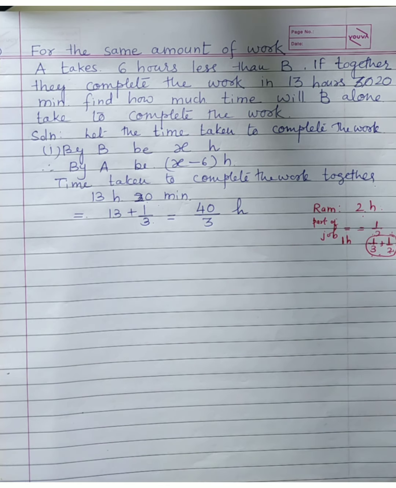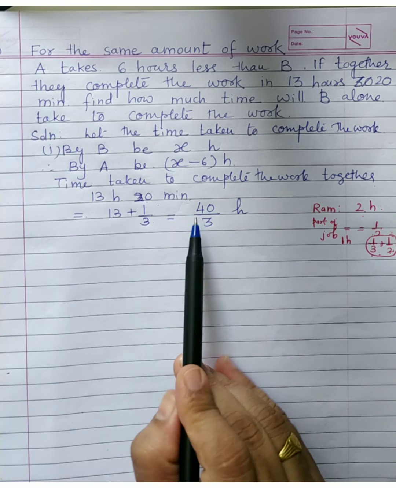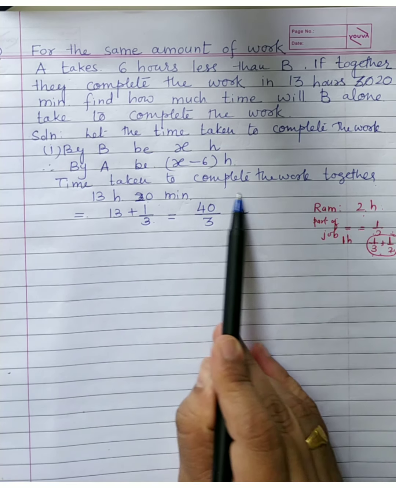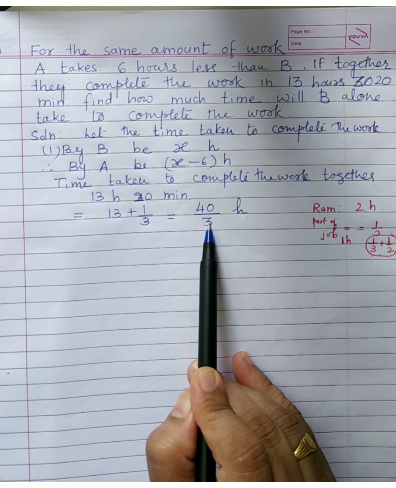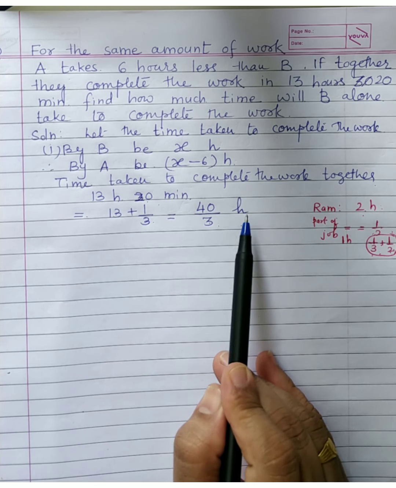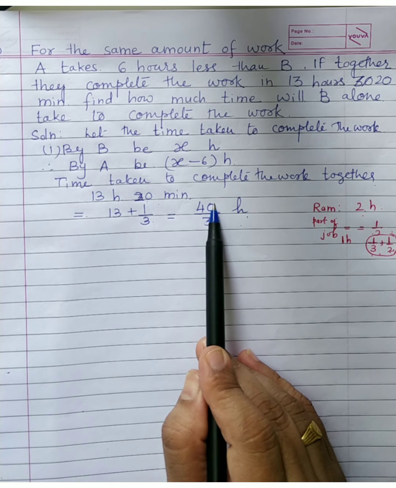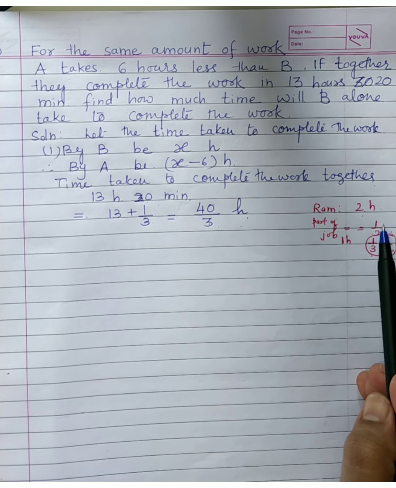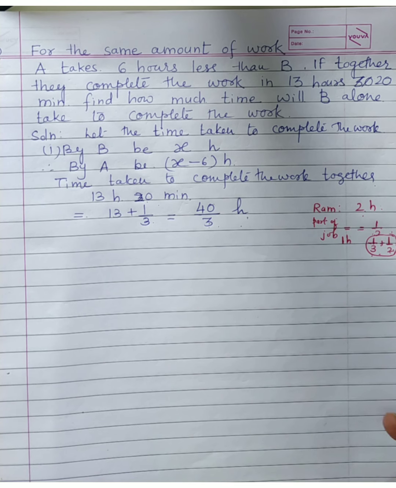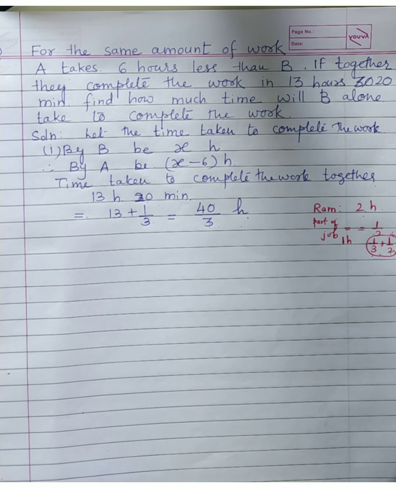So coming back here, this is the total time taken to complete the job. So how much part of the work will be completed in 1 hour? Answer will be what? 3 upon 40. 2 hours, 1 upon 2. 3 hours, 1 upon 3. 10 hours, in 1 hour how much part is completed? 1 upon 10.